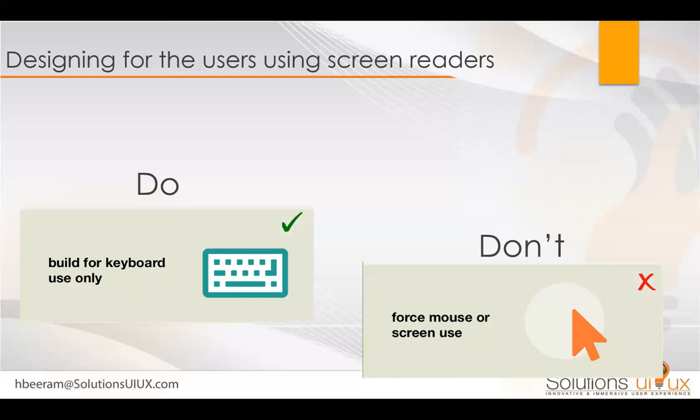Then build for keyboard use only. When you build for keyboard use only, then your mouse will automatically work, right? So this is the toughest one. When you build for the keyboard, that means you have taken into consideration a lot of things: navigation, moving, tabbing, jumping from one place to another, filling information using spacebar, enter, and different special keys for them to be able to function on the application.